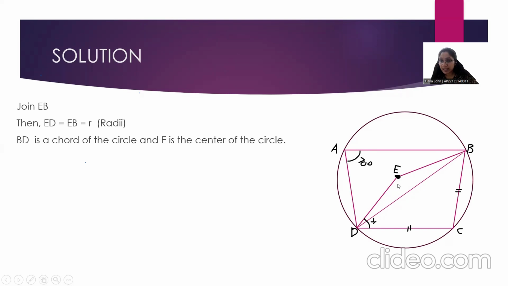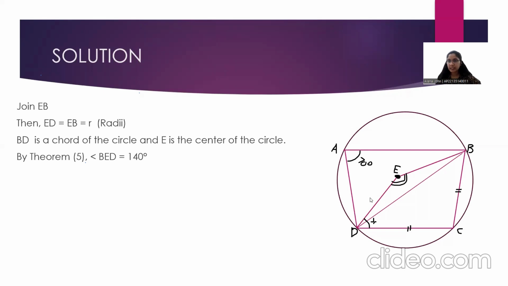So here, what will be the angle at E? It will be double of 70 degree. 2 into 70 degree, which is nothing but 140 degree, right? See, by theorem 5, we obtain angle BED to be 140 degree. Is that clear?